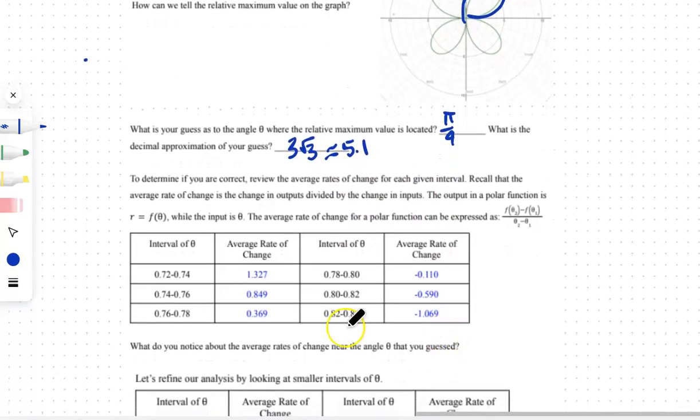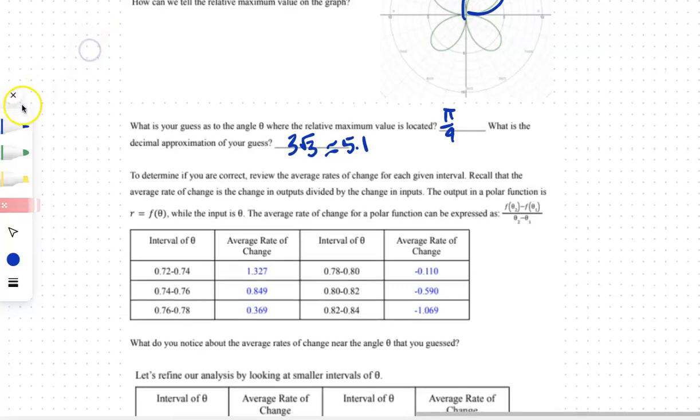Basically, if we take small intervals near pi over 4, and I filled this in for you because this is just some calculator work that is not important to this lesson, you can calculate these rates of change. But basically, if the theta values go from 0.72 to 0.74, I can input those theta values into the function and do the average rate of change, and I'm going to get out these values.